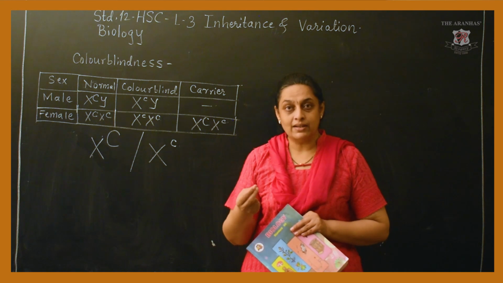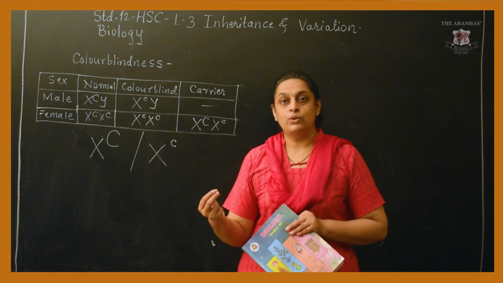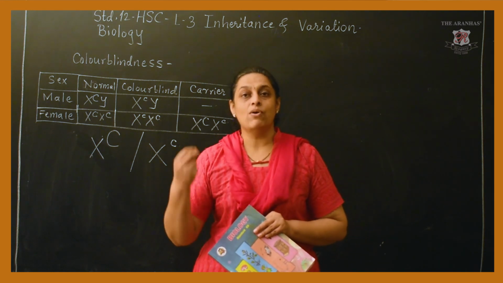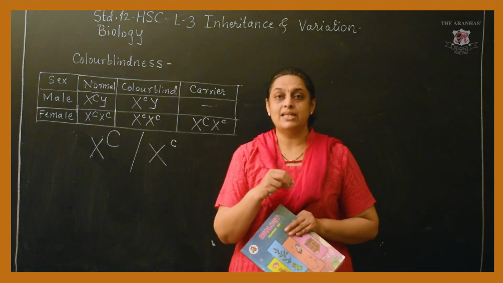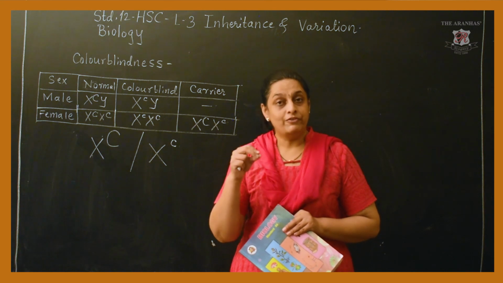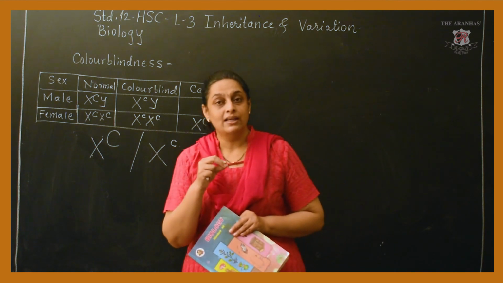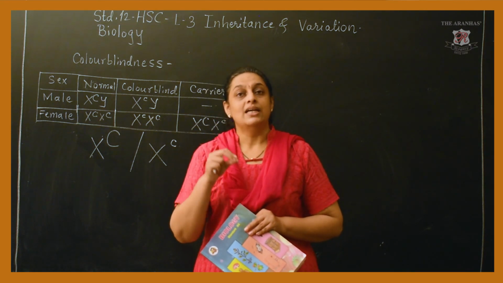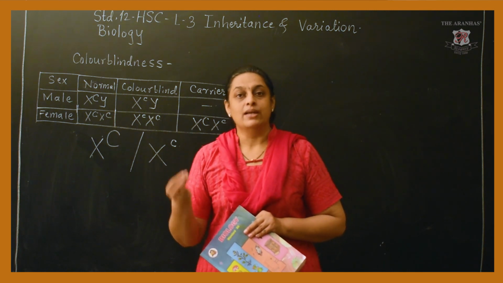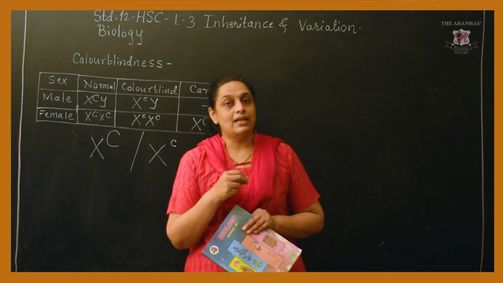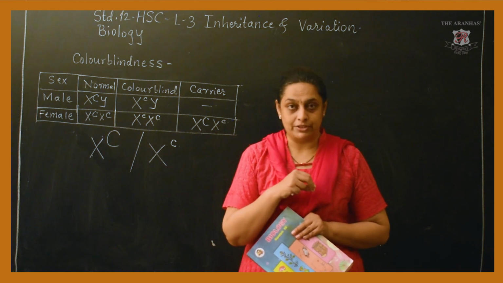Red color is to stop, green color indicates to move on, and in such a situation, if a colorblind person is driving a vehicle and fails to distinguish between red and green colors of the traffic signal, he or she is likely to be in danger, may meet with an accident. So that is why color blindness has such an important application in day-to-day life.